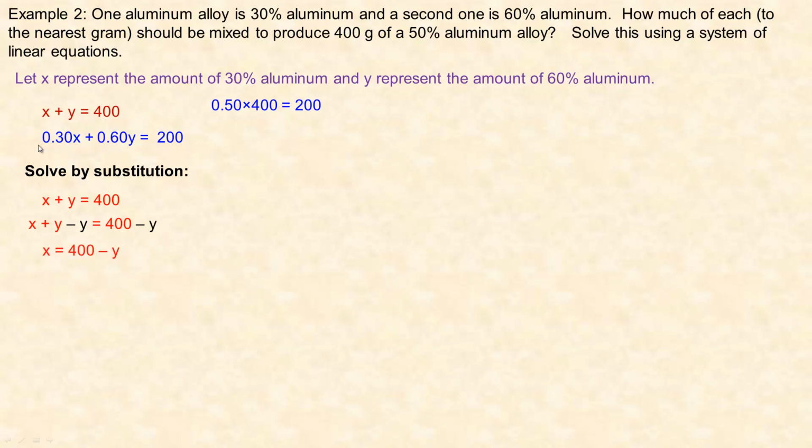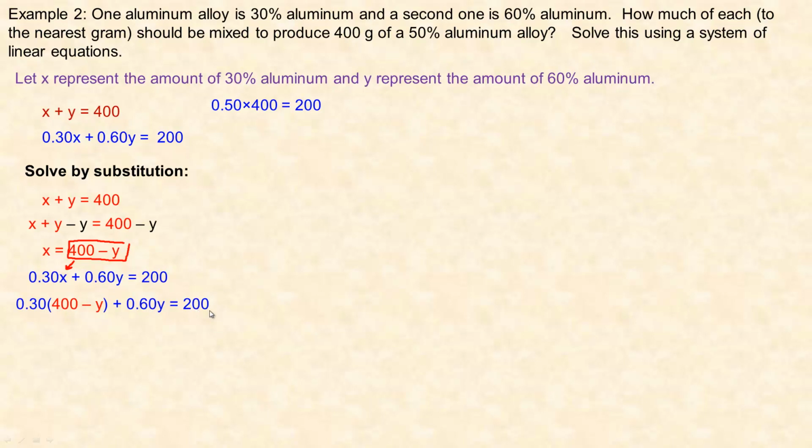Now I'm going to write my second equation and substitute. This is what X equals, and that is going to go here in place of X. So we would rewrite this equation with 0.30 times the quantity 400 minus Y, plus 0.60Y equals 200.